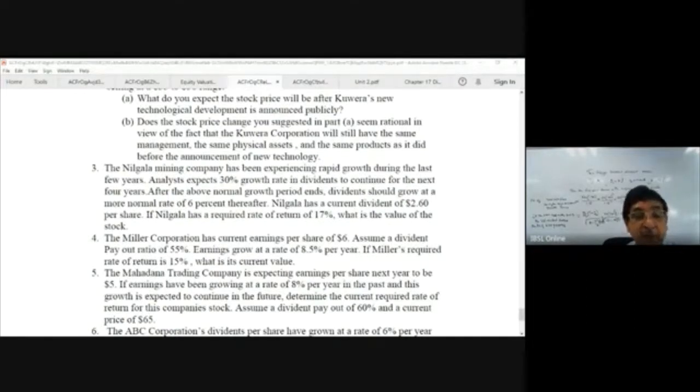So you can see how dividends are being paid for certain companies and see whether things like a 30% growth of dividends are possible in real life. But you will see that startup companies normally do that in order to attract their shareholders. That is the nature of startups.